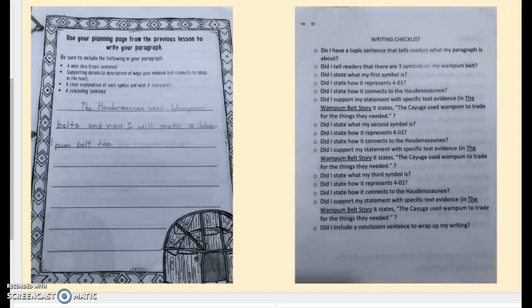So it's good for the students because they can reflect on their own work using this checklist. And again, it's a good tool for the teacher.